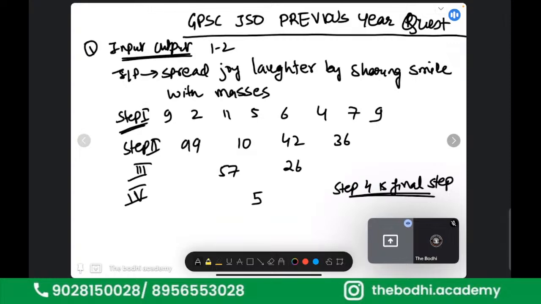So there has to be something which converts the English alphabets to numbers. What is that? That is what we have to find out. So what will you do then? Spread joy, laughter by sharing, smile with masses.